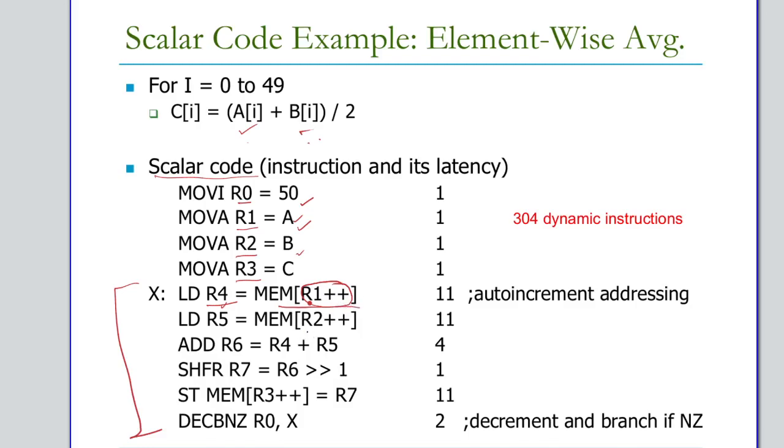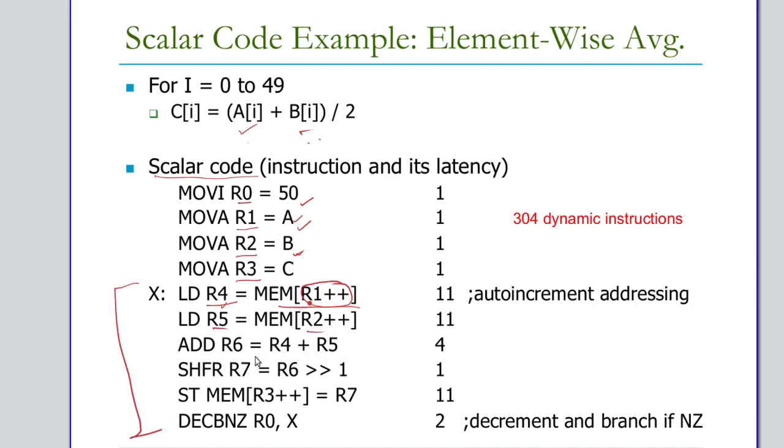Then R2 has the address of B, so the first element of B goes in R5, and this R2 is incremented.